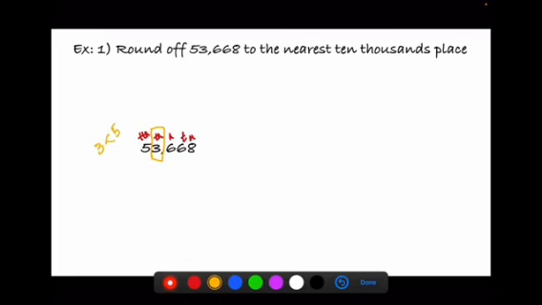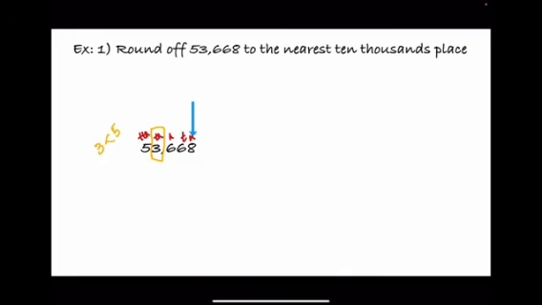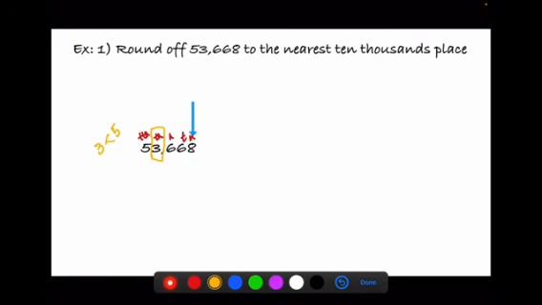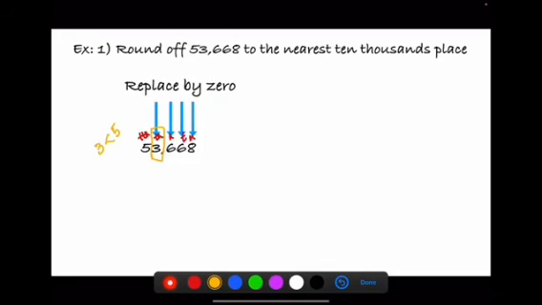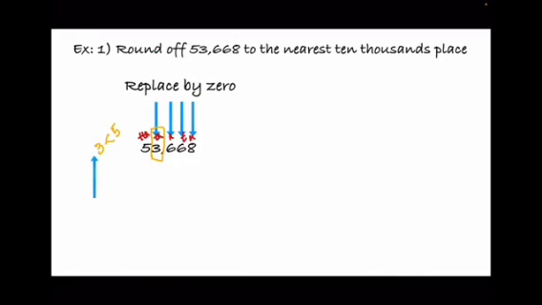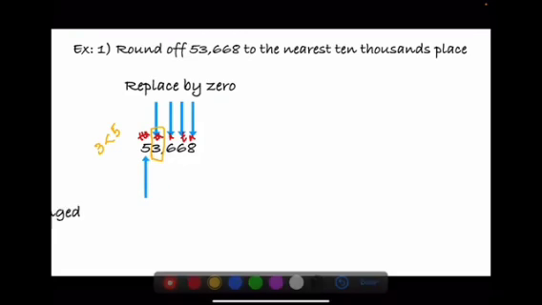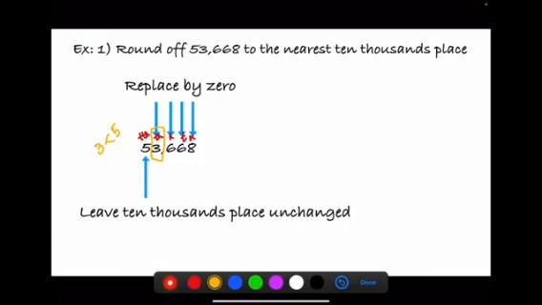So what is the next step that we do? We replace units, tens, hundreds and thousands place with 0. Now what about 10,000s place? This 10,000s place will remain the same. It will remain unchanged because 3 is less than 5. The thousands place is less than 5.